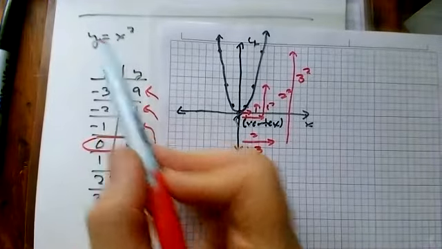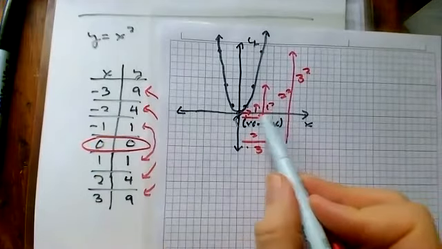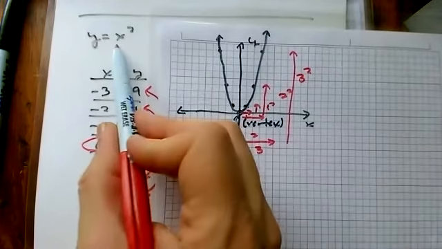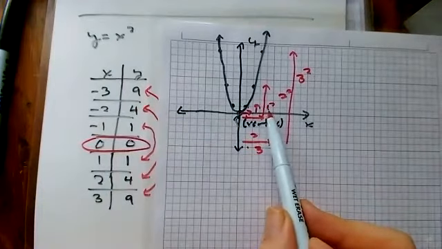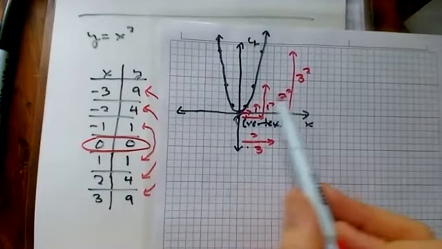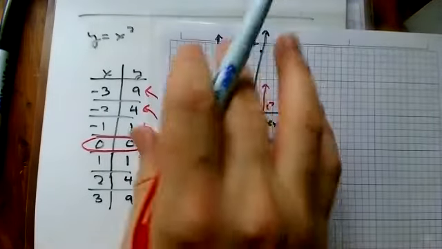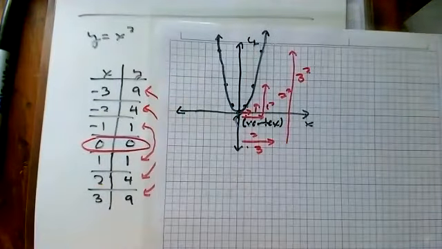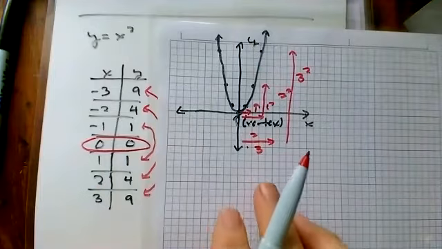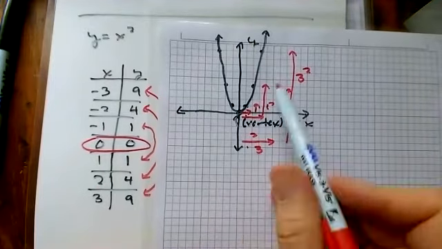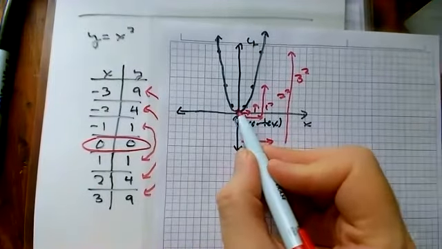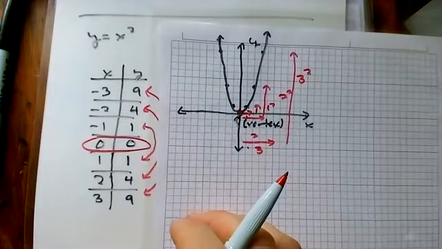If I had another number in front, I would also need to multiply that square. So if this were 2x squared, then this would be 2 times 1 squared, or 2 times 2 squared, or 2 times 3 squared. That's something that will impact that pattern. But as soon as you know where that vertex is, you know where to center everything else.